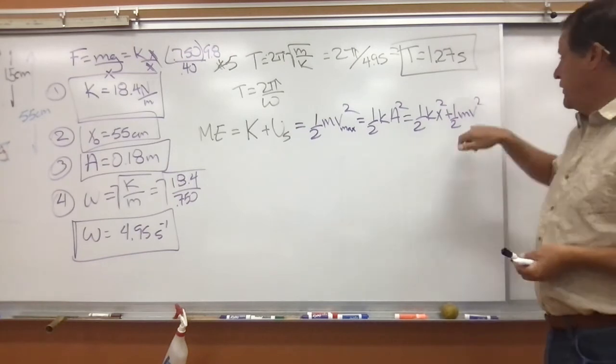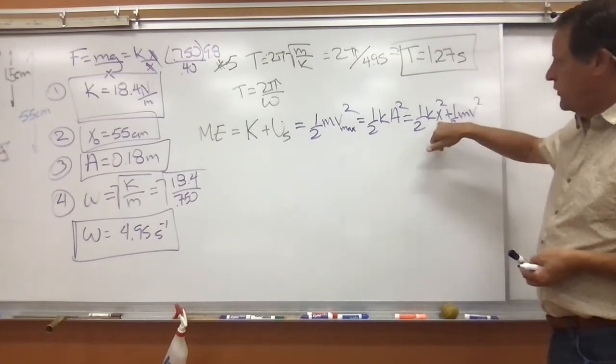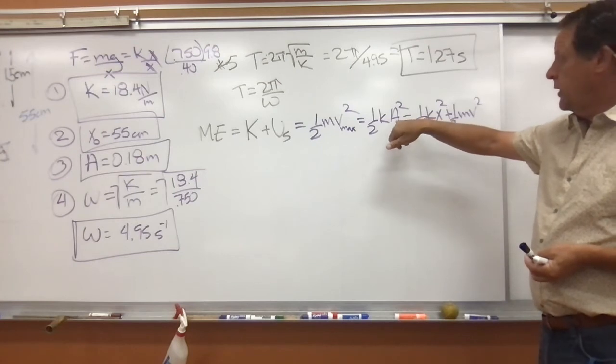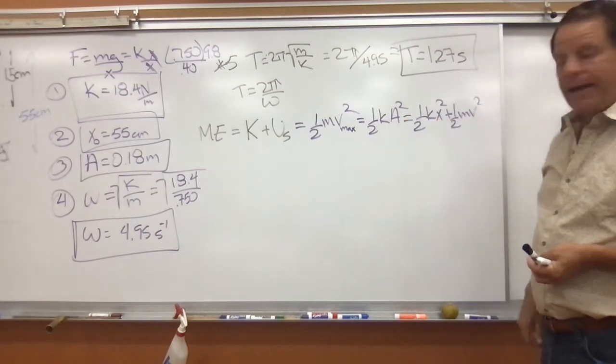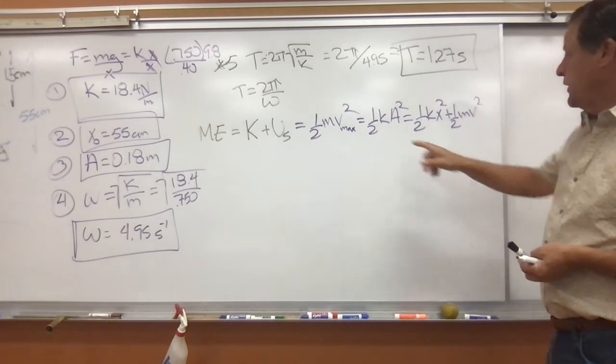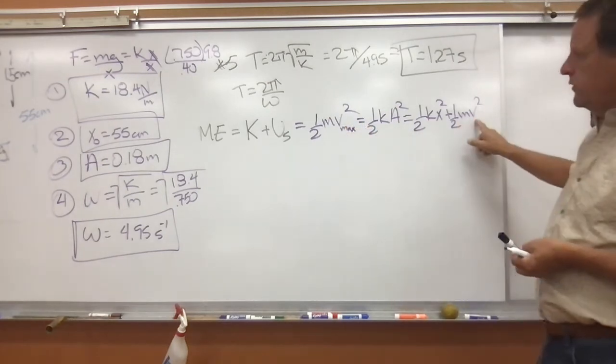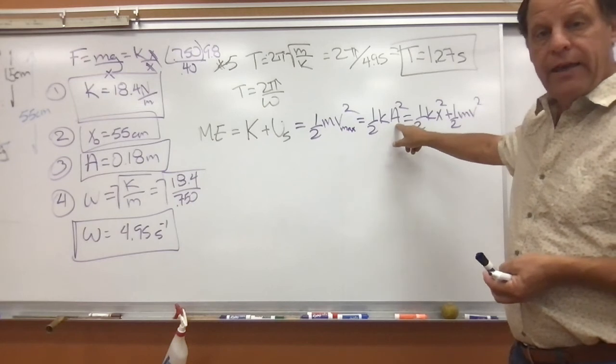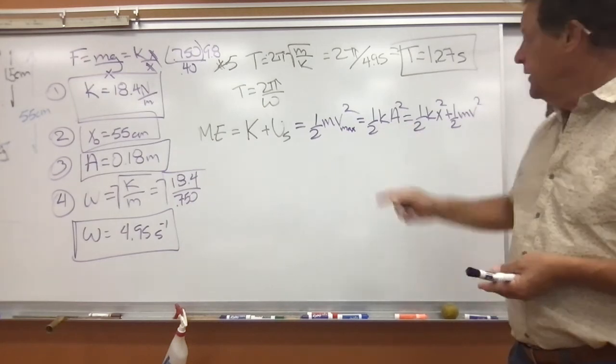So the difference here is this is the position somewhere between plus or minus A, or 0, and here, this is v max, and this is just any old v. Now, since we know what the k and the A is, we can find the total energy by using this one.